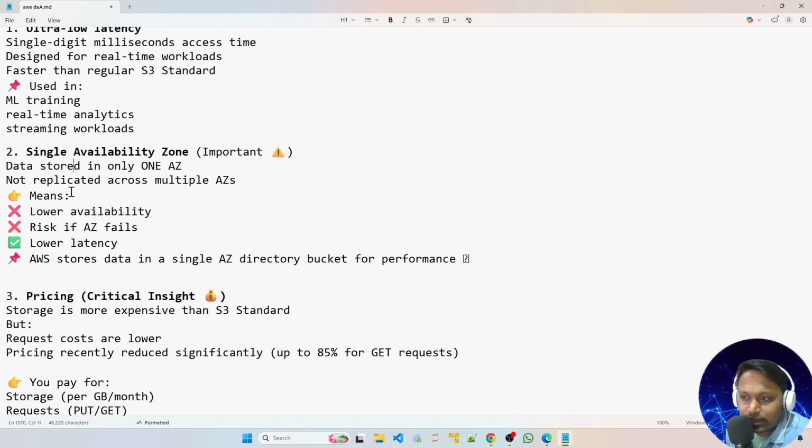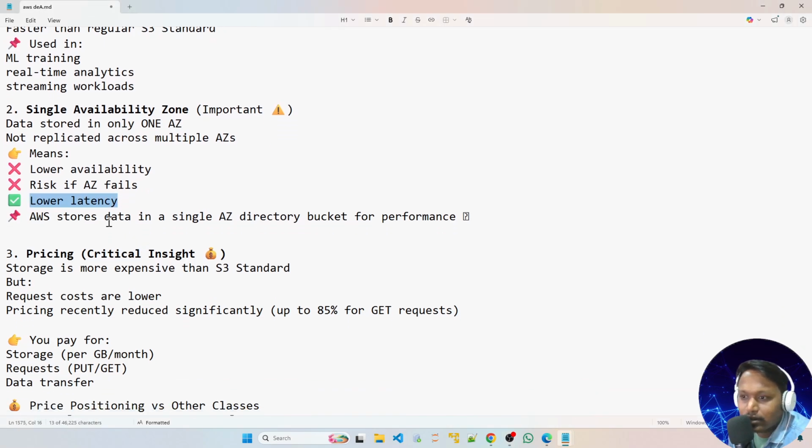So whenever that AZ goes down, your data is at risk, as it is not replicated across multiple availability zones. That means a higher availability risk if the availability zone fails, but it has lower latency, that is the plus point for us.